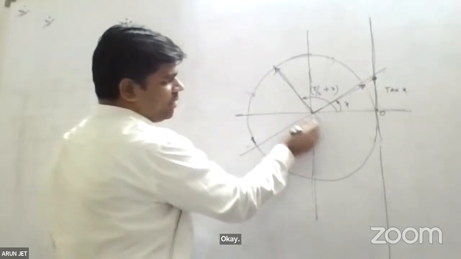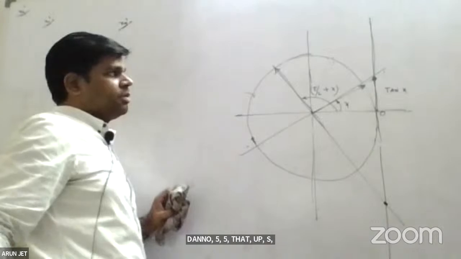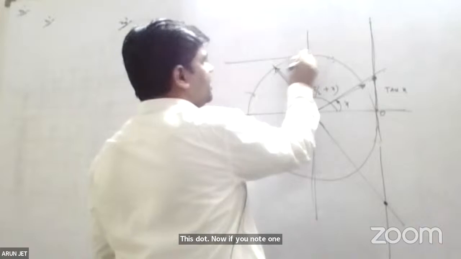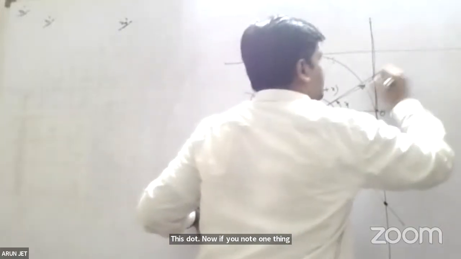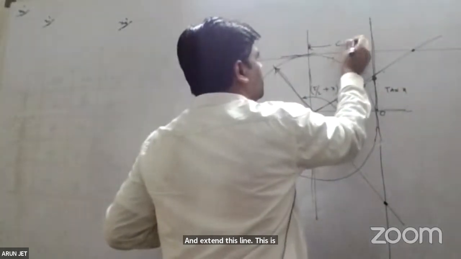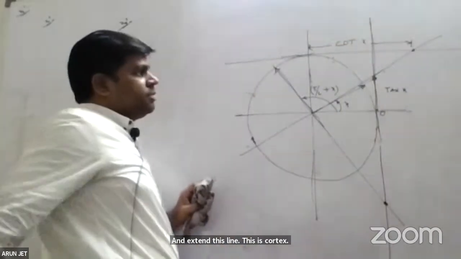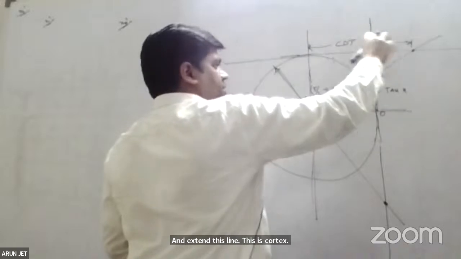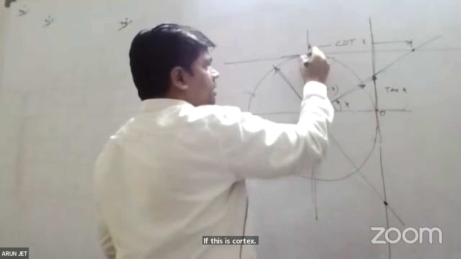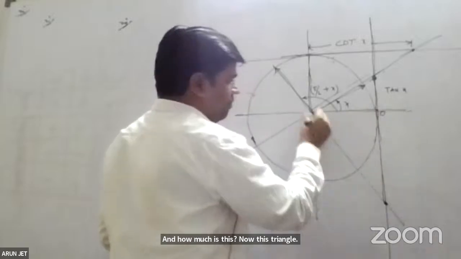Tan of pi by 2 plus x is this dot. Now, if you note one thing, if I draw the cotangent here and extend this line, this is cot x. And how much is this? Now, this triangle and this triangle are congruent.